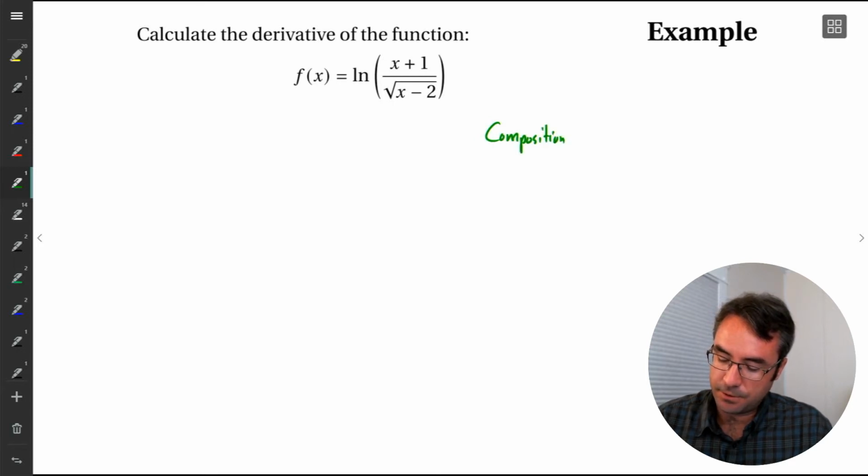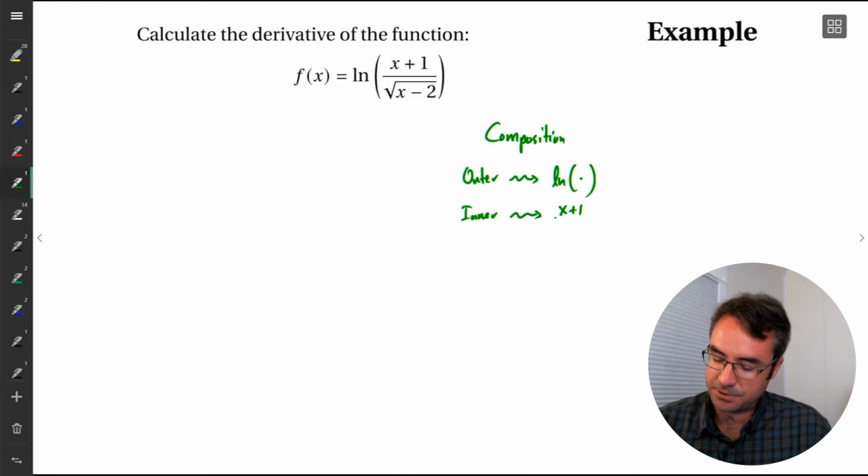So what's our outer function? Well, just spoiled it. It's the natural log. And then what's our inner function? Well, it's that fraction, x plus 1 over square root x minus 2.